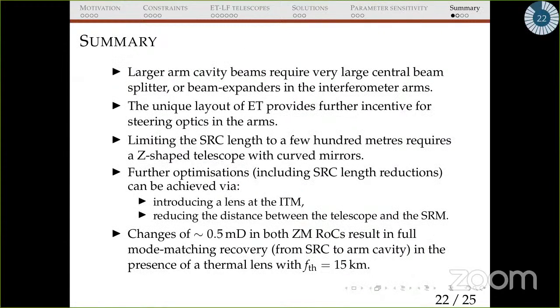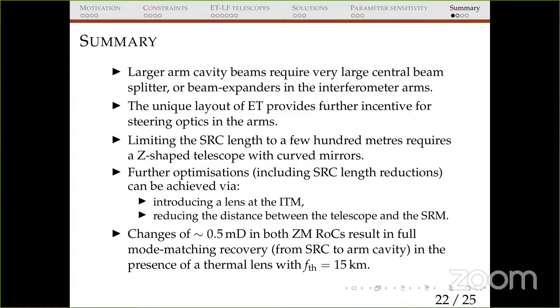Okay, so in summary of all this, the larger beams present in ET and in third generation gravitational wave detectors more broadly mean that you'll have to have either a very large central beam splitter or, more likely, beam expanders in the interferometer arms.